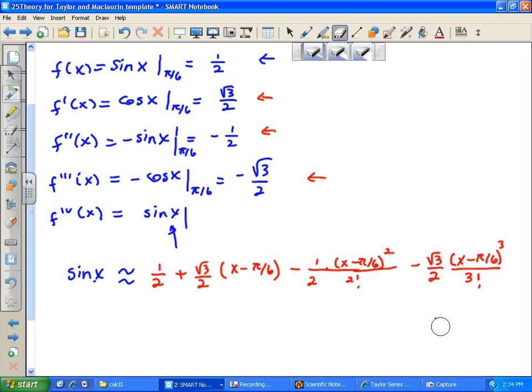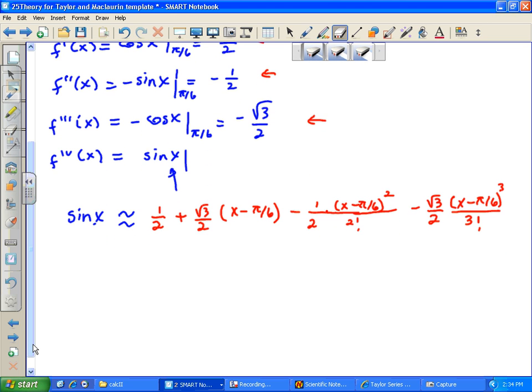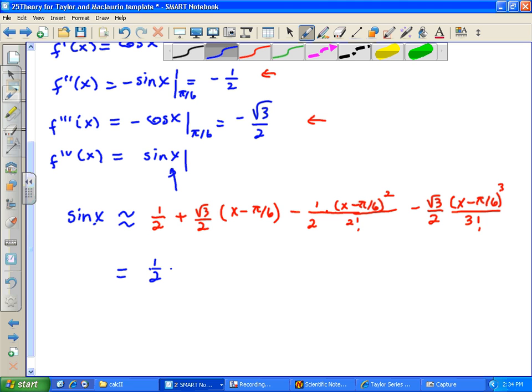All we can do is clean this up a little bit. For example, the last 2 denominators can be simplified. So this can be written as a half plus the square root of 3 over 2 times x minus pi over 6 minus x minus pi over 6 quantity squared divided by 4 minus radical 3 over 2.